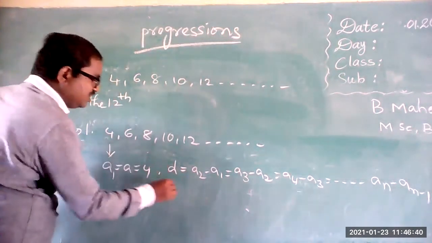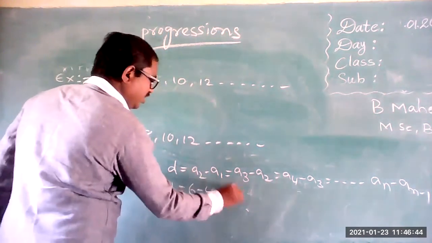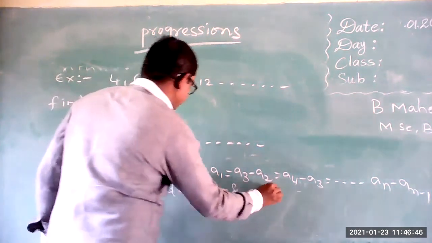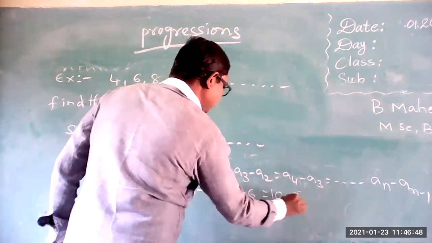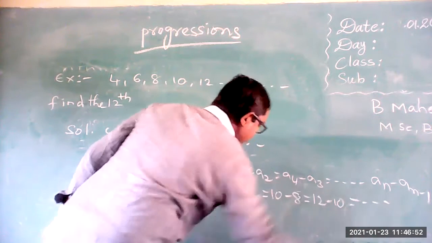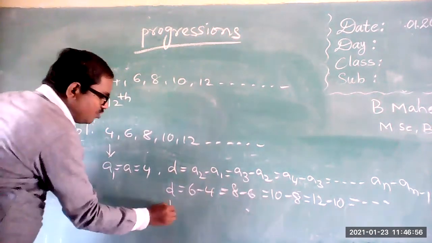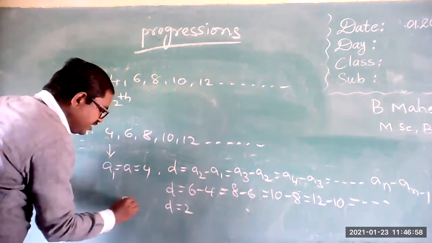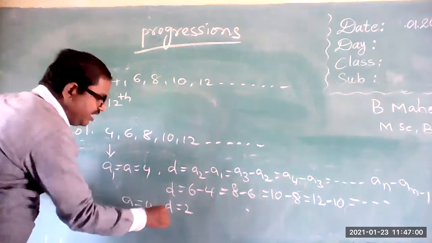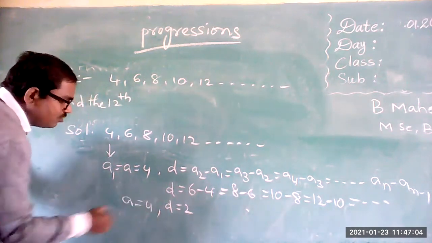So D is how much here? 6 minus 4, 8 minus 6, 10 minus 8, 12 minus 10. All differences are the same, so D is equal to 2. So A is equal to 4, D is equal to 2.